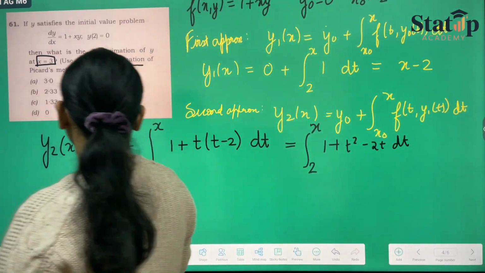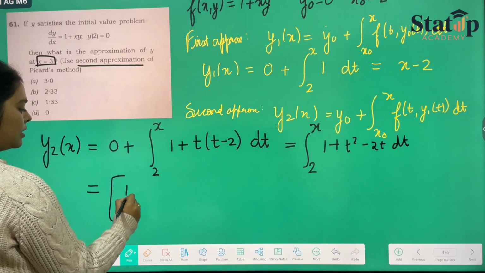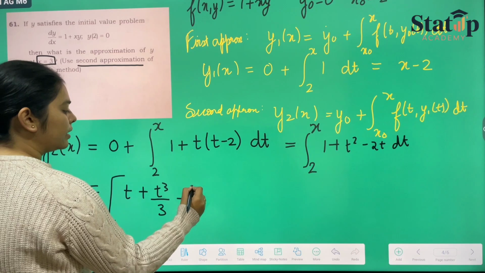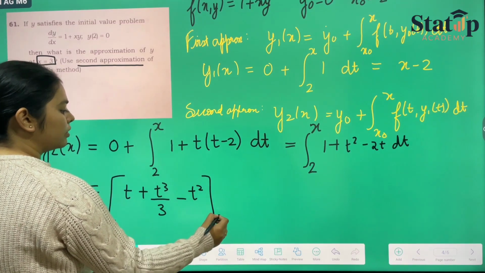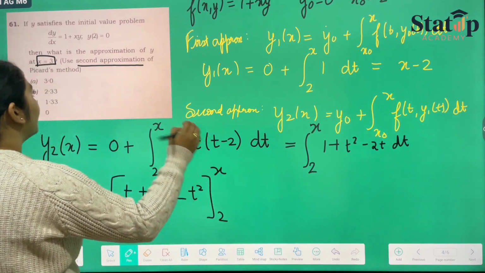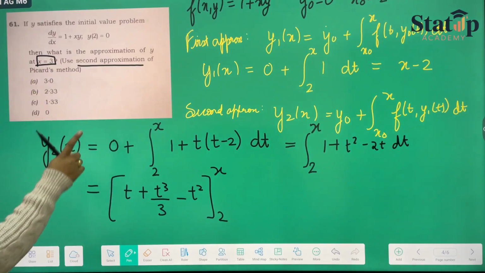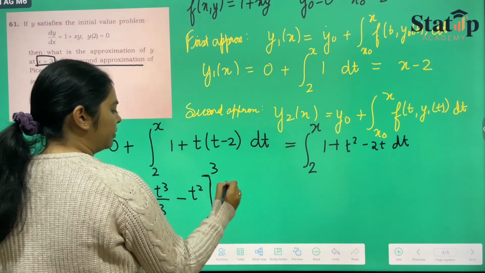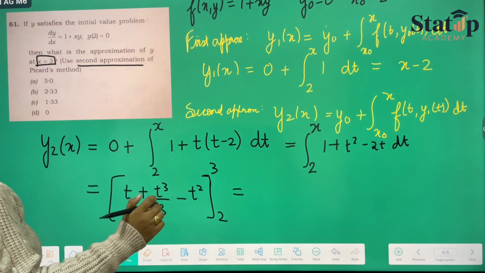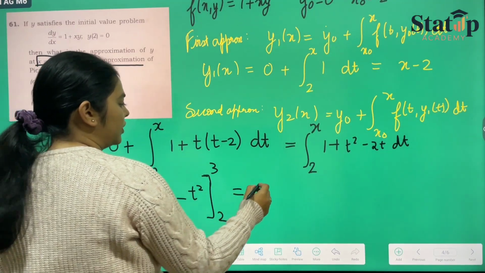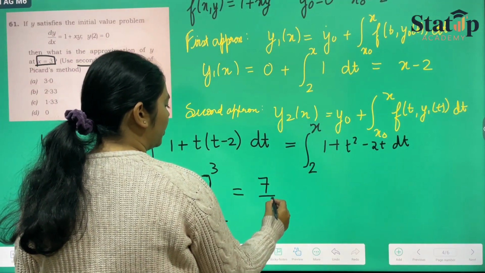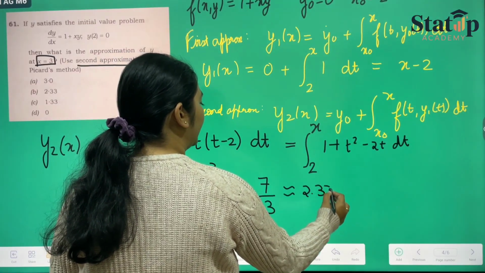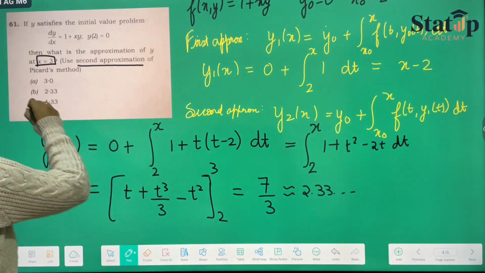If I integrate this, we'll get t plus t cube by 3 minus t square with the limits 2 and x. But they have told us to calculate at x equals 3, so instead of x, let me write 3. If we calculate it, we'll get our answer as something like 7 upon 3, which is approximately equal to 2.33 and so on, which is our option number B.